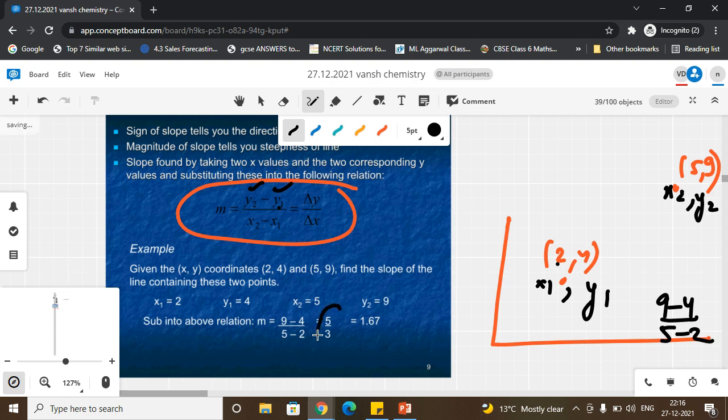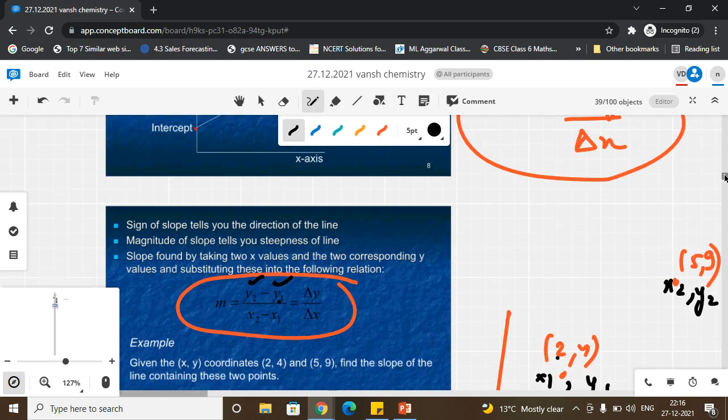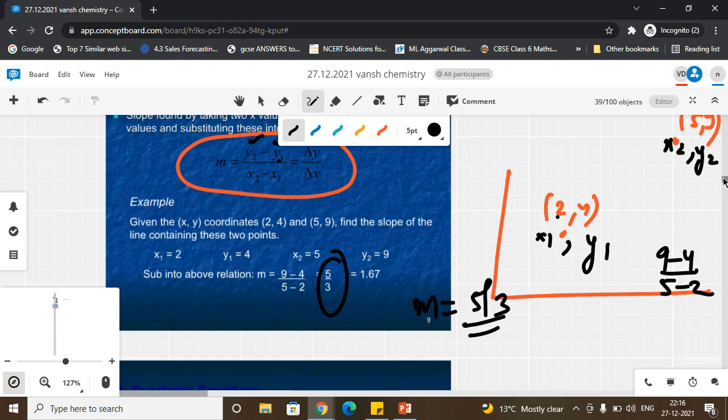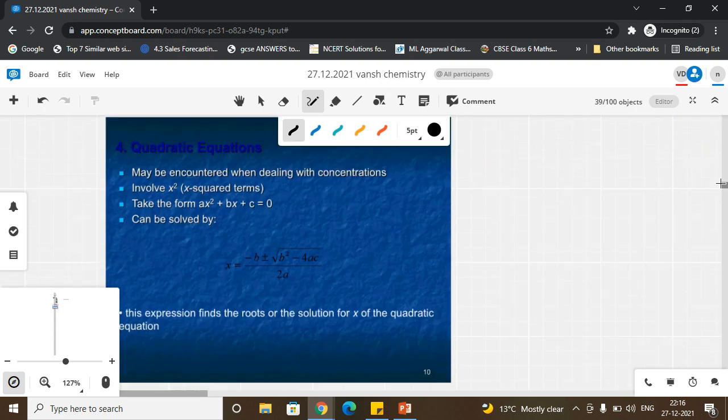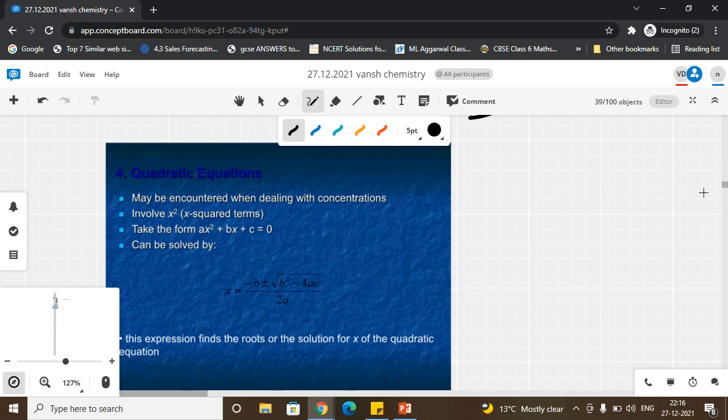That gives us 5 by 3. So if somebody asks you what would be the slope, it will be 5 by 3. Whenever you have a slope, the greater the slope, the steeper is your curve. Now we are learning the basics, because these small things will come in numericals.